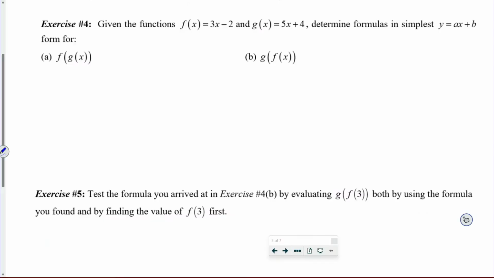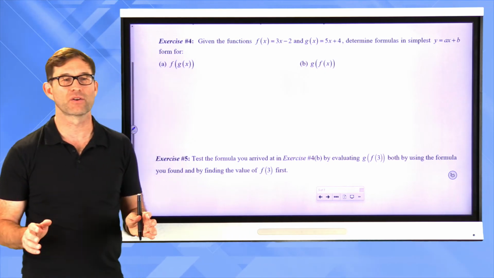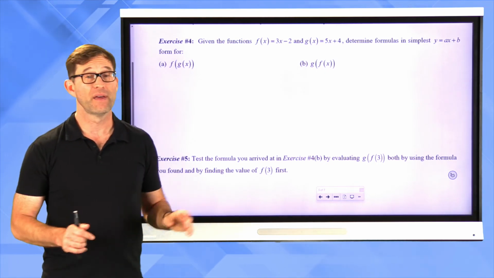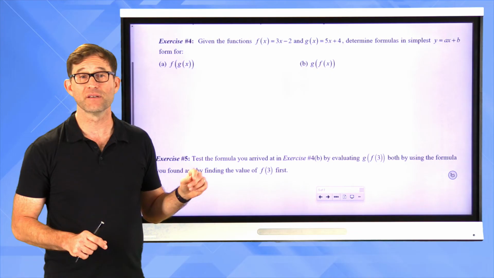Given the functions f of x equals 3x minus 2 and g of x equals 5x plus 4, determine formulas in simplest y equals ax plus b form for A, f of g of x, and B, g of f of x. All right, I just got to get all my letters in the correct order somehow. Thank God we don't go all the way to part x of any problem.